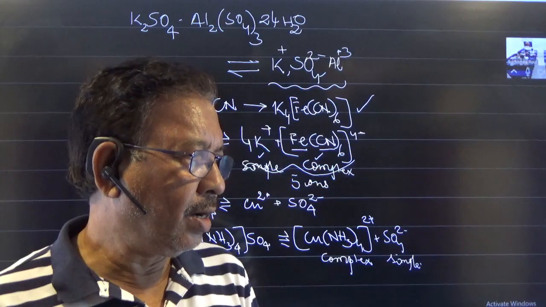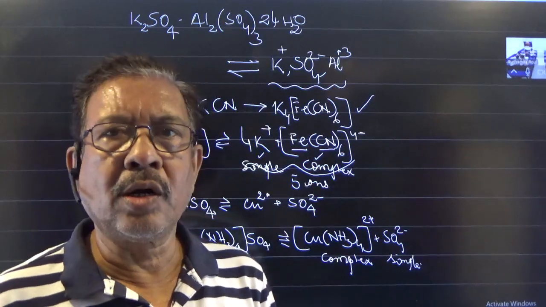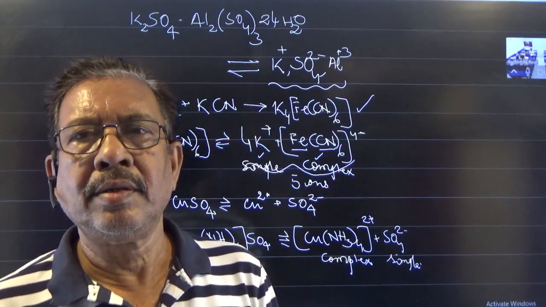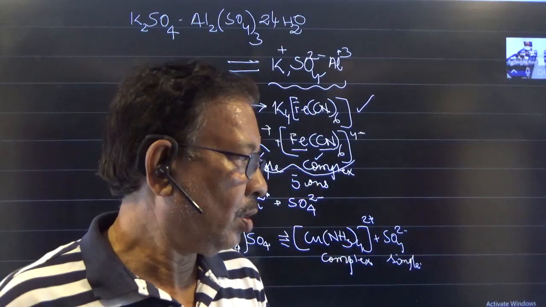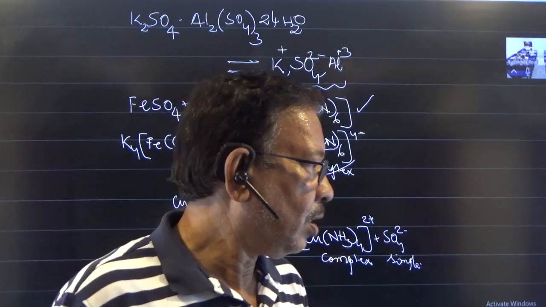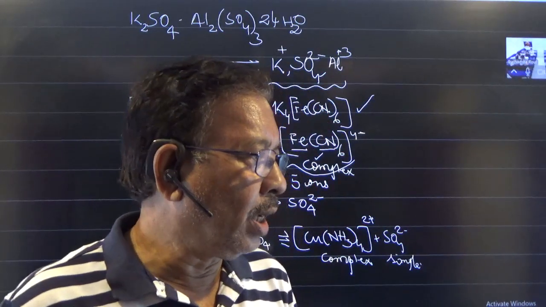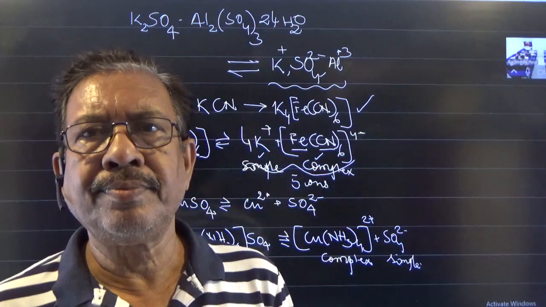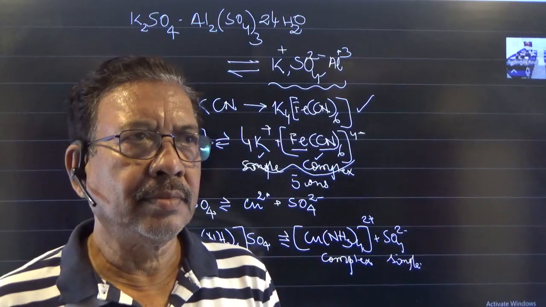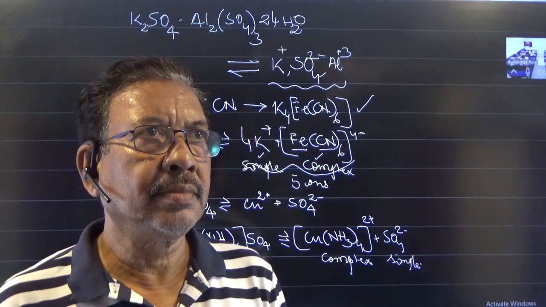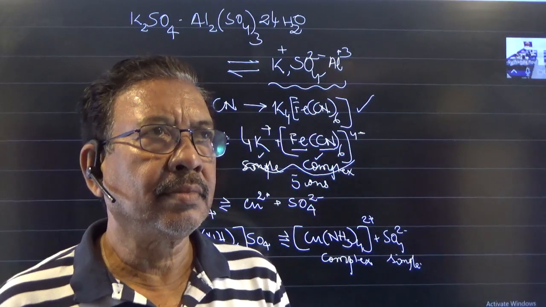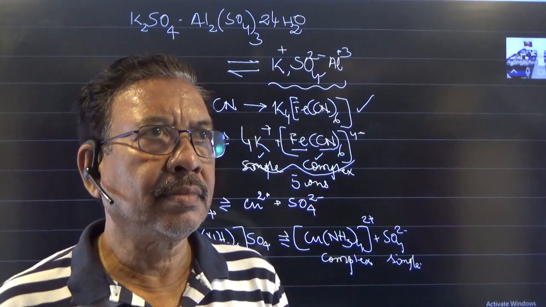Did you understand? Yes, sir. Already written? Suchi, read out what you wrote. Complex compounds are those in which the identity of some cations or anions are lost or hidden.